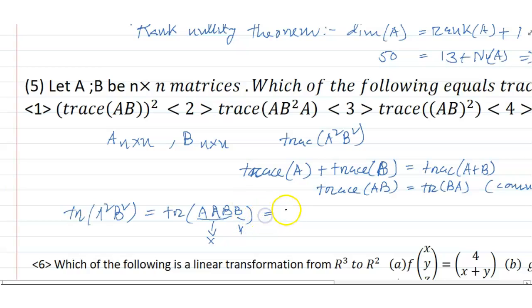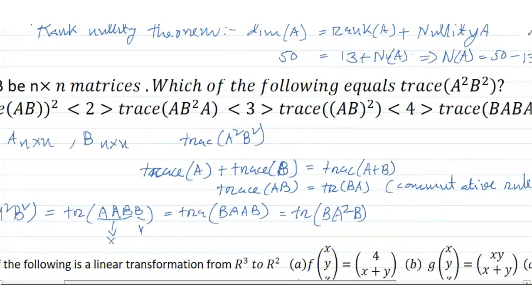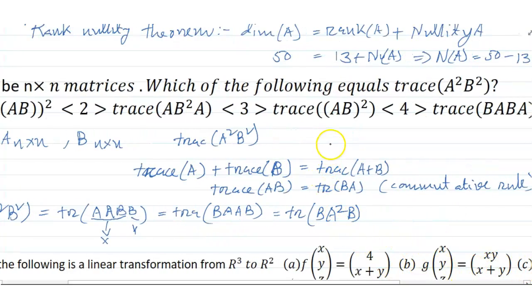So I just commute: trace of B A dot A B. This is the formula, friends, and it can be written this way: trace of B square into B. So my answer is number 2, my option is correct, AB square.